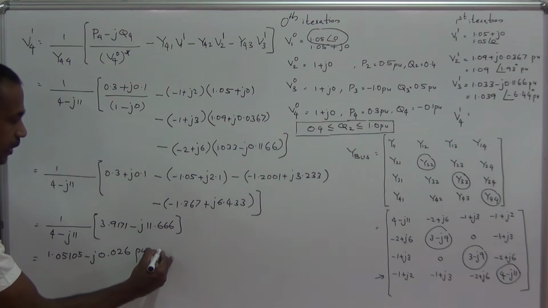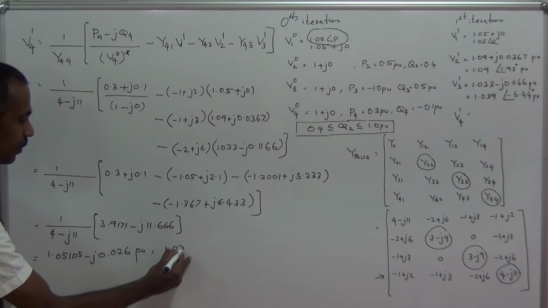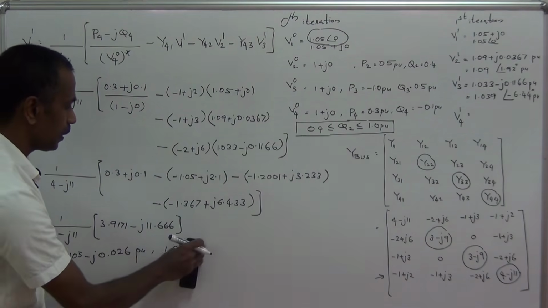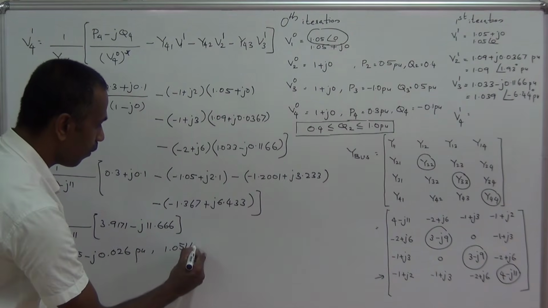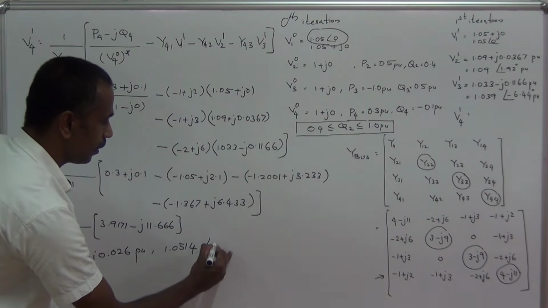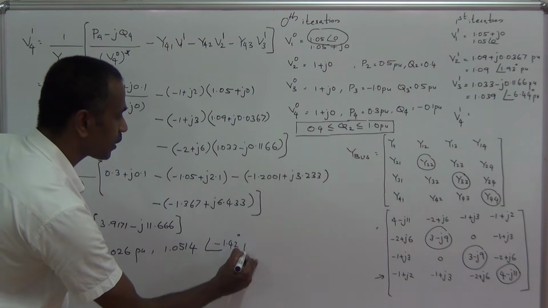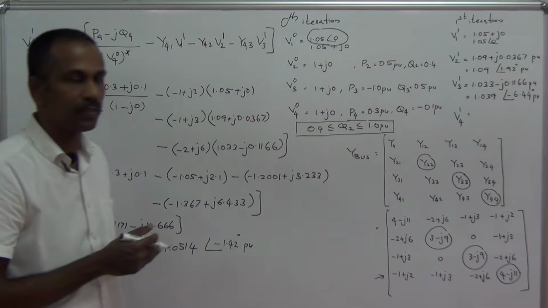In the polar form, this is equal to 1.0514 angle minus 1.42 degrees. This is the fourth bus voltage.